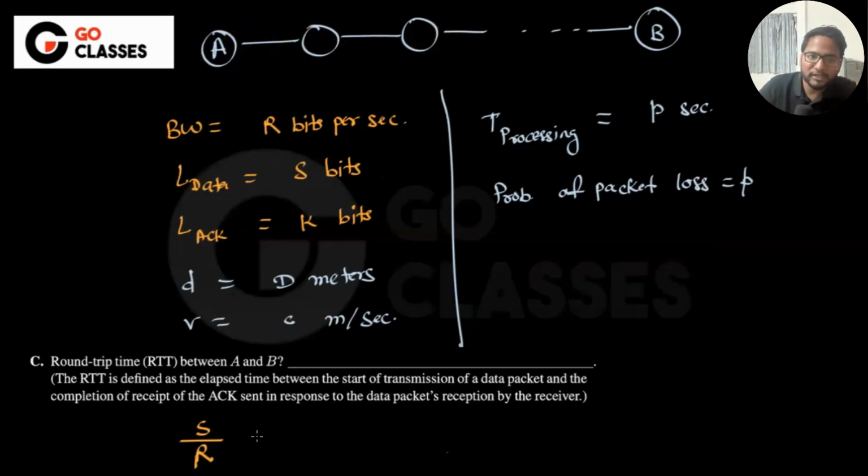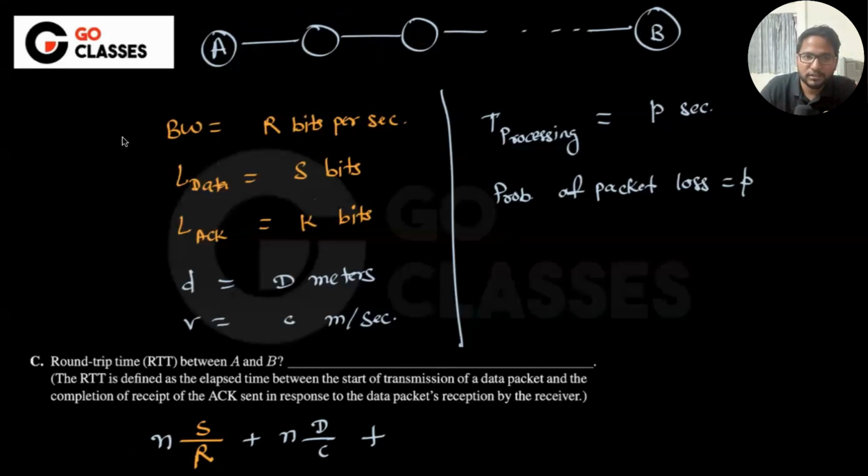So the total transmission time over all the hops will be n into this, and the total propagation delay is nD upon C, right? Now this is just for the data packet.